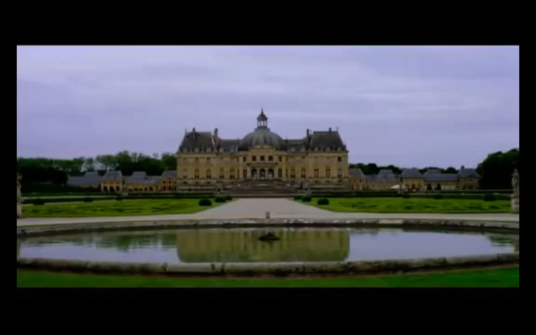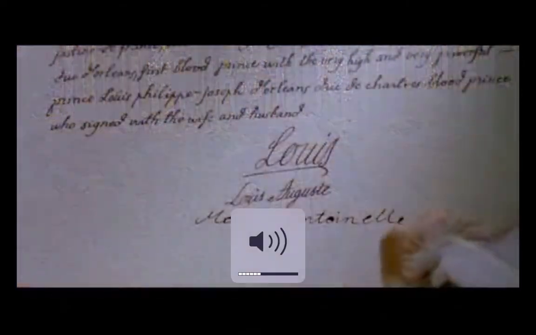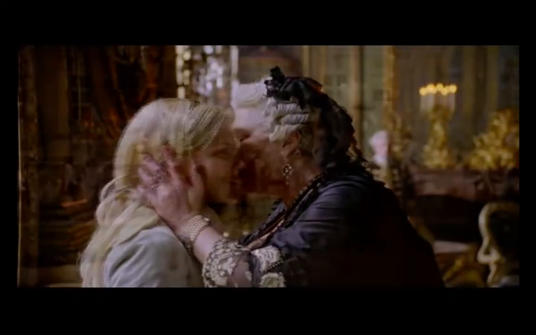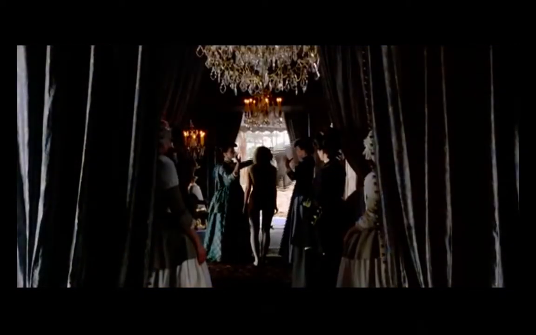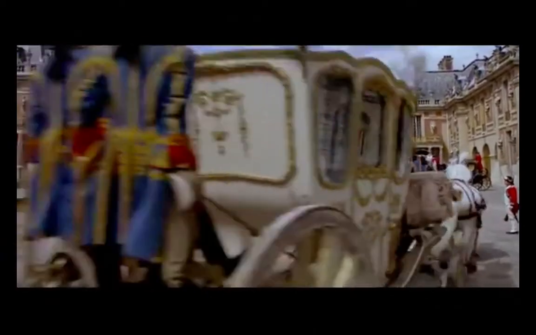Friendship between Austria and France must be cemented by marriage. My youngest daughter, Antoine, will be Queen of France. It is a custom that the bride retain nothing belonging to a foreign court. You represent the future.